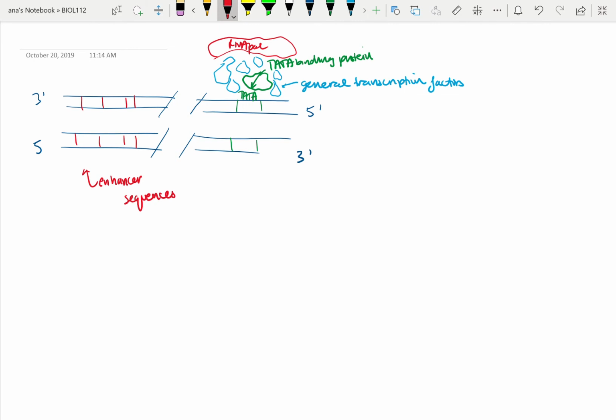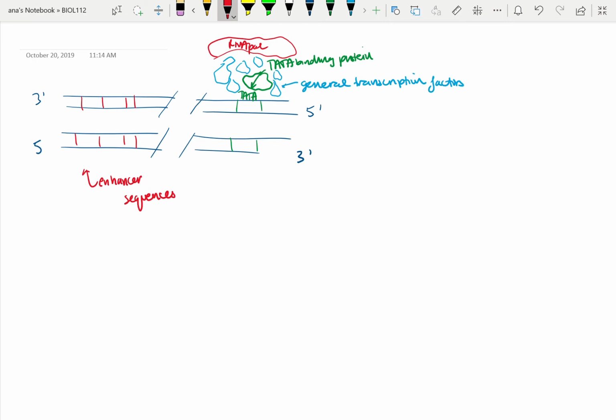Essentially, they're sequences that are recognized by enhancers, and these enhancers will bind to these sequences and just enhance transcription. I don't think you need to know more than that, but keep in mind that eukaryotes are a little more complicated in terms of the regulation of transcription, so just be aware that those sequences do exist.